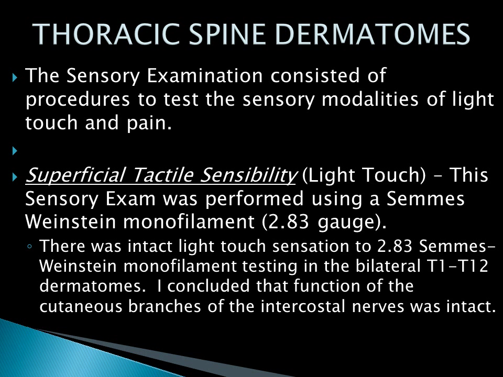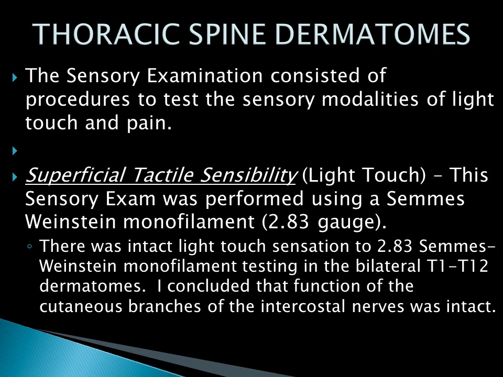So with testing the thoracic spine dermatomes, really, what is it that we're testing? We're testing the cutaneous branches of the intercostal nerves, and that's what we call the anterior primary rami of the thoracic spine nerve roots.